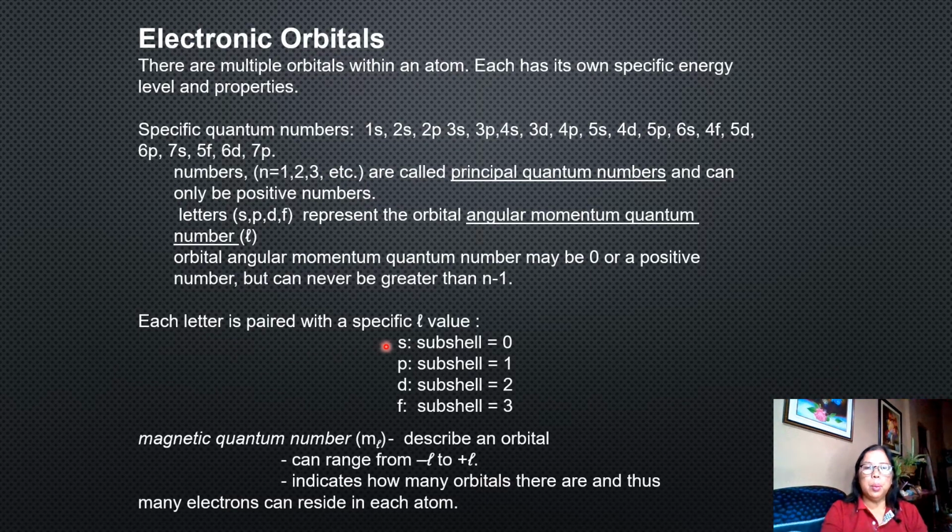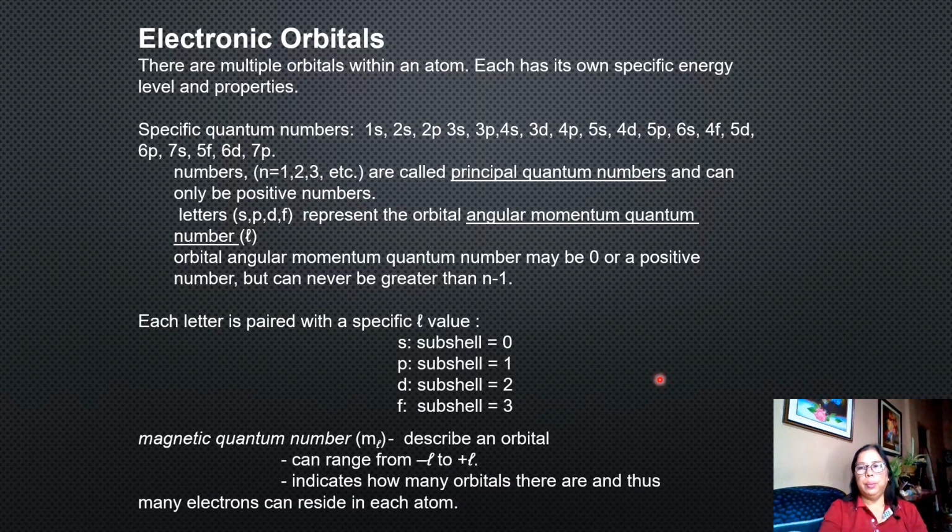Each letter is paired with a value: s is 0, p is 1, d is 2, f is 3. The magnetic quantum number describes the orbital and can range from negative l to positive l. It indicates how many orbitals there are, thus how many electrons can reside in each subshell.